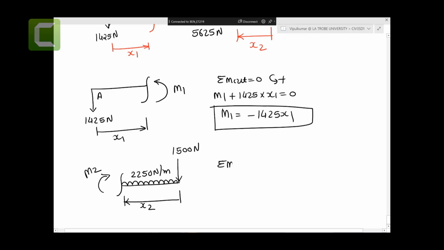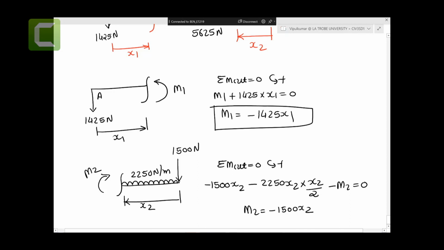So moment at the cut equal to 0. 1500 x2 minus 2250 x2 times x2 divided by 2 minus M2 equal to 0. M2 equal to 1500 x2 minus 1125 x2 squared.